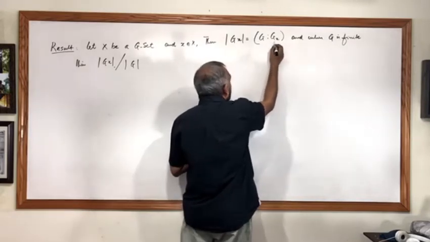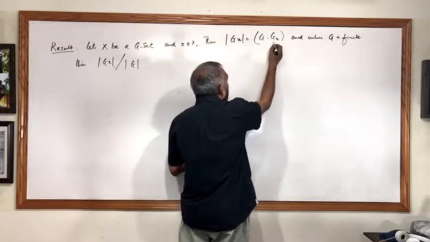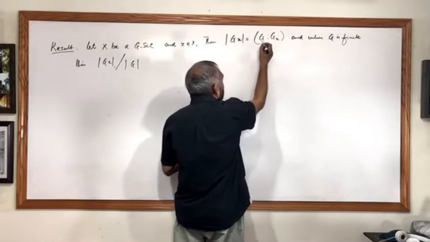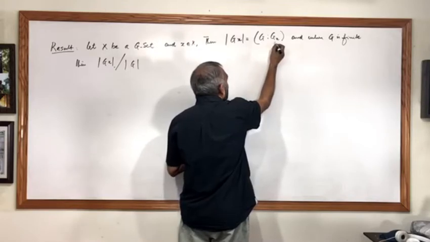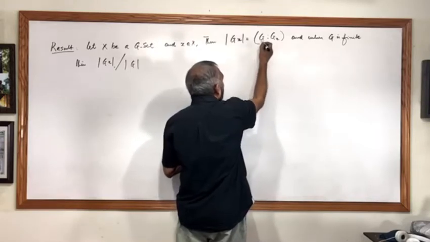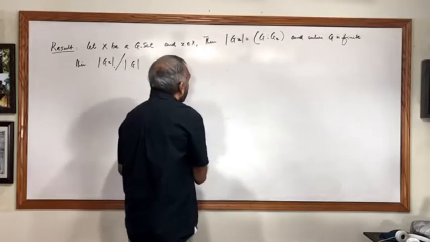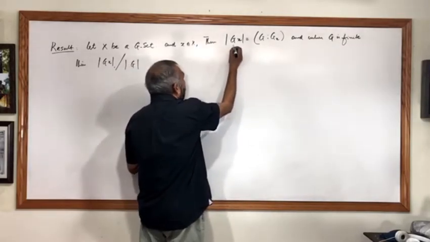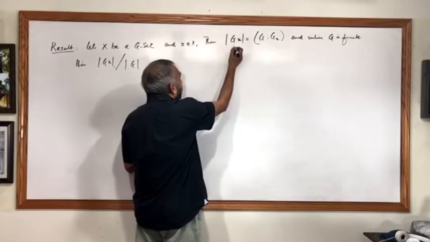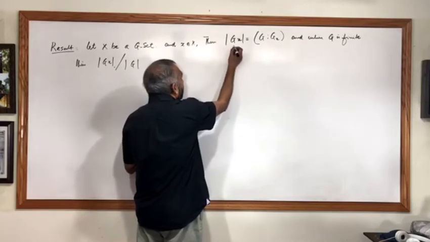This is the isotropy subgroup of G, and this is the index, the number of cosets of this subgroup in G. This is the size of the orbit.